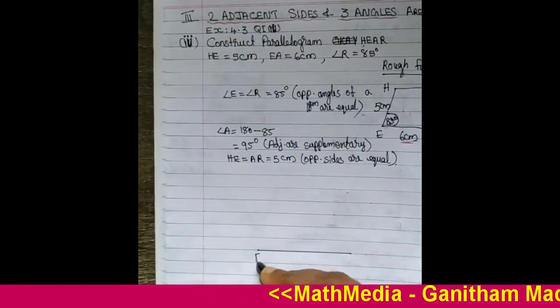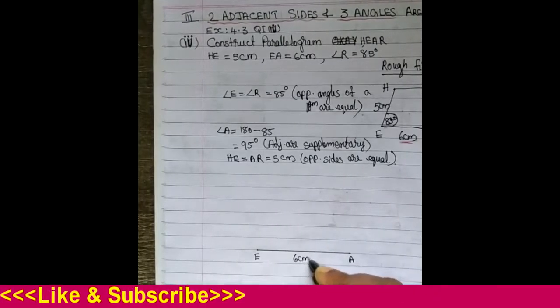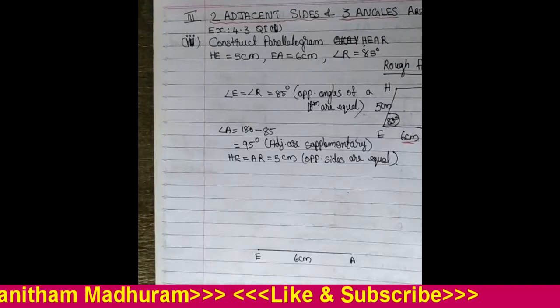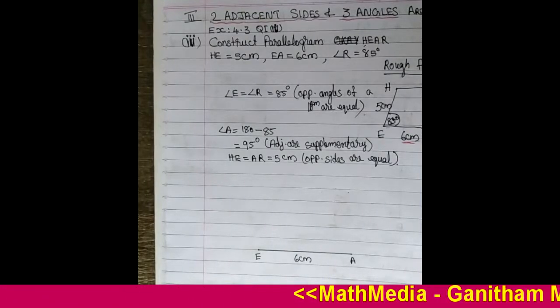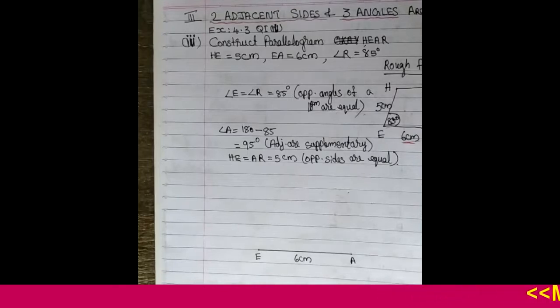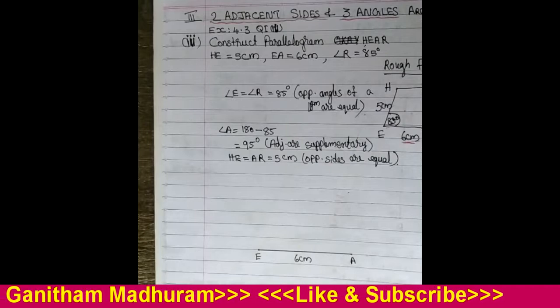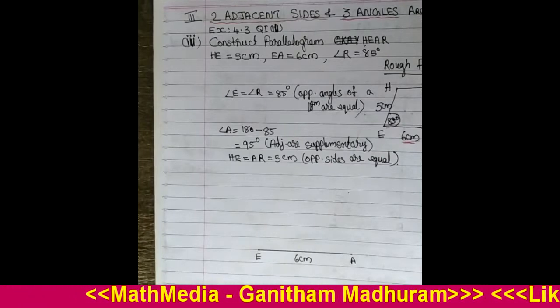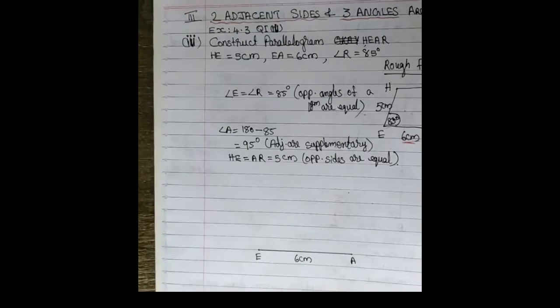Mark it as EA 6 cm. Now look at the angles given. Given angles are 85 degree and 95 degree, which are not a multiple of 15. So we are not able to construct with compass. So we have to draw the angle at the point E by using protractor.